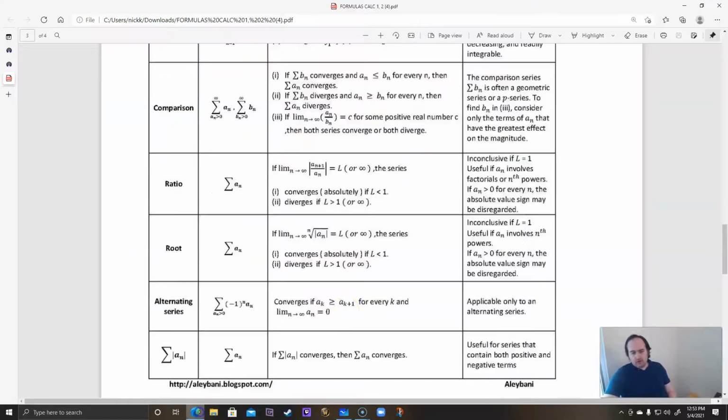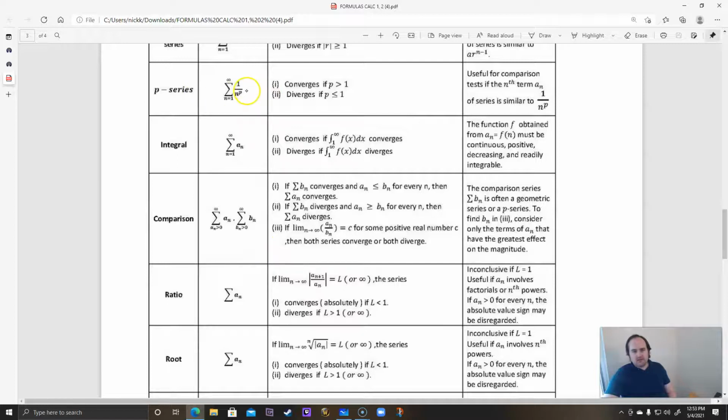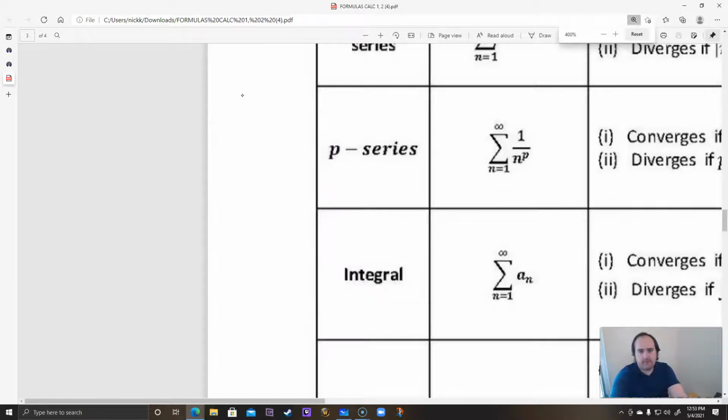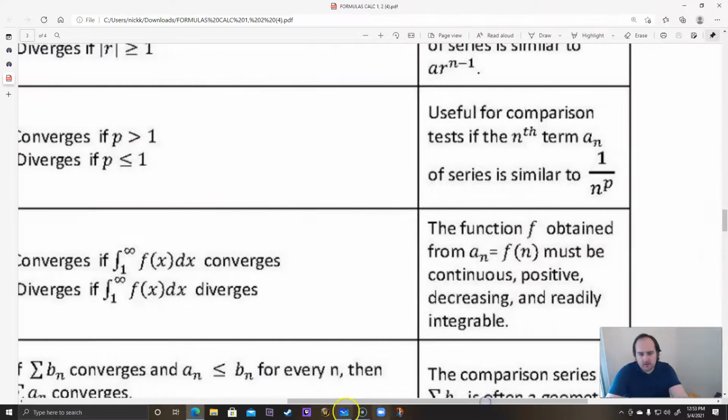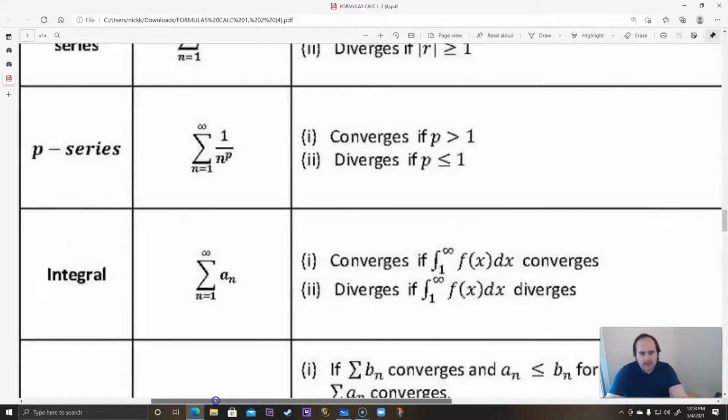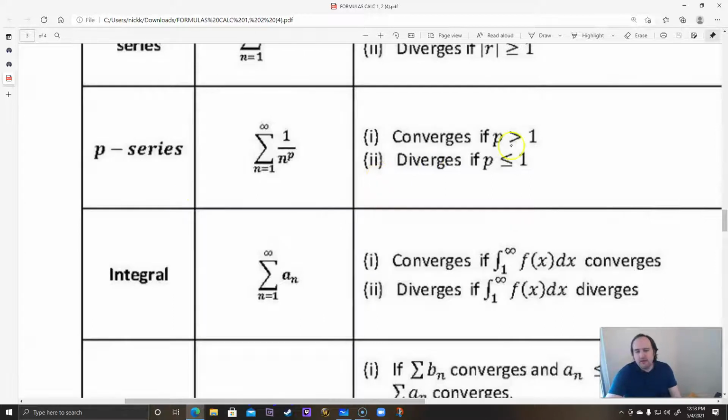So if you go to your formula sheet on page 3, under p-series, if you have the sum from n equals 1 to infinity of 1 over n to the p, let me zoom in. The sum from n equals 1 to infinity of 1 over n to the p, that's a p-series. It converges if p is greater than 1, and it diverges if p is less than or equal to 1. So here we can see that p is actually 2, so this is going to converge.